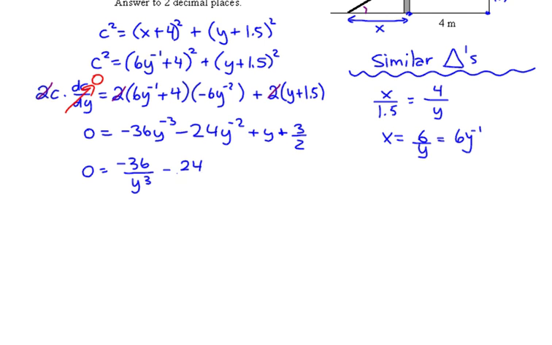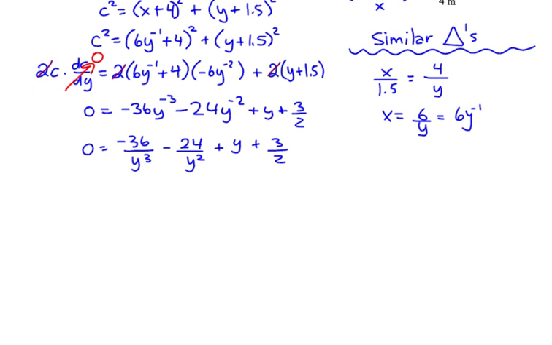y squared plus y plus 3 over 2. Okay, so the common denominator would be what? 2y cubed. So this becomes negative 36 times 2, negative 72. This becomes, times this by 2y, minus 48y, times by 2y squared, plus 2y squared.